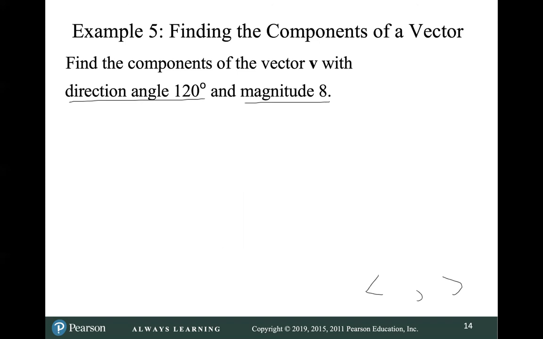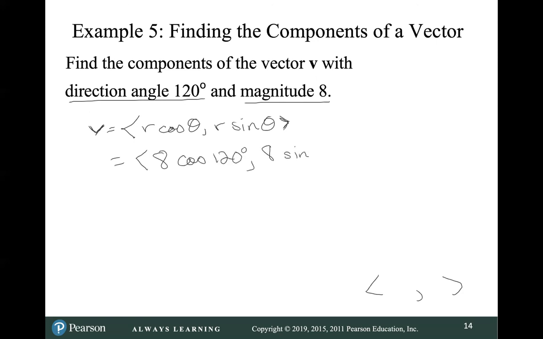So if we're looking at that vector, remember, with magnitude and direction, we can use sine and cosine. So we're going to say vector v equals magnitude times cosine of theta, comma, magnitude times sine of theta. So we're applying this formula. So that's 8 times cosine of 120 degrees, comma, 8 times sine of 120 degrees.